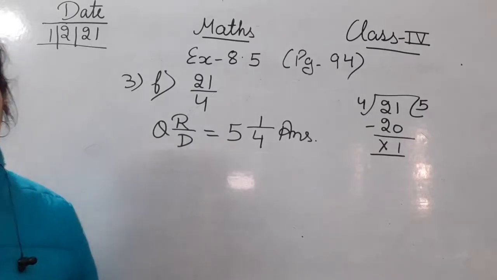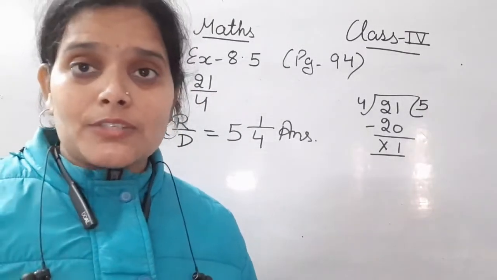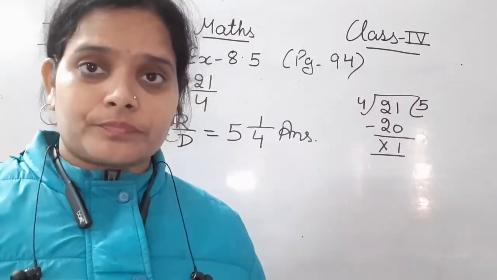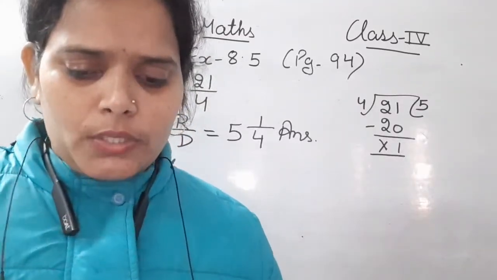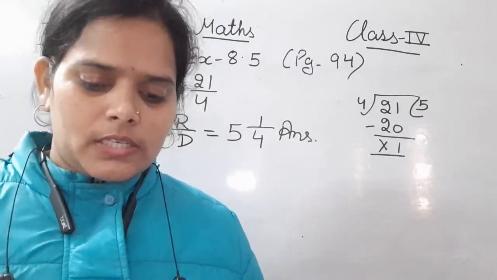Okay class, so with this we have completed question number 3 as well. Let's move to question number 4. In question number 4 it is given which is greater and circle it.